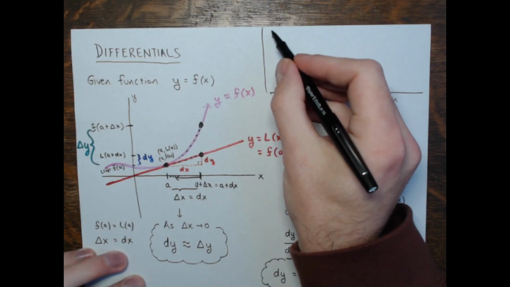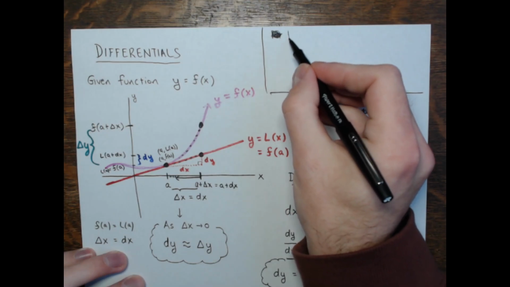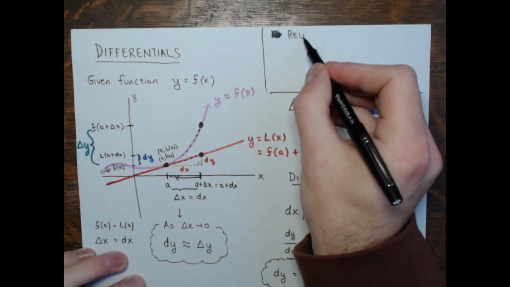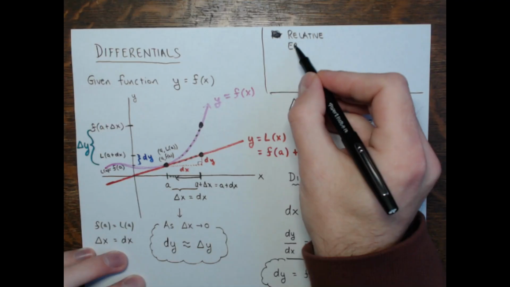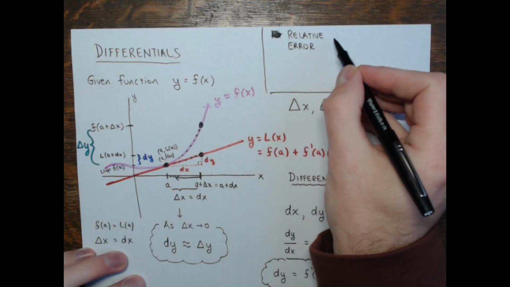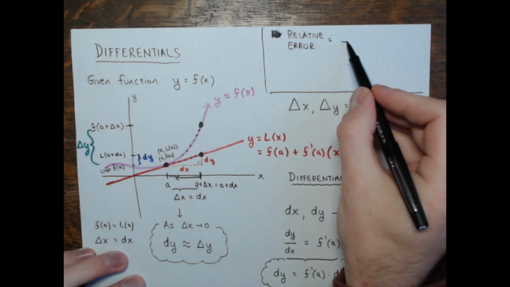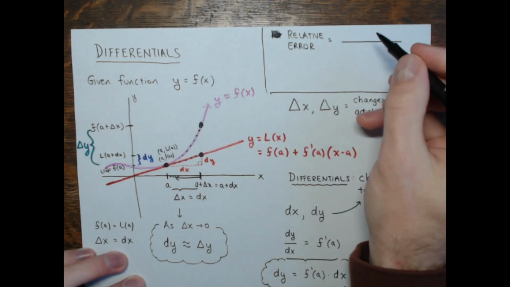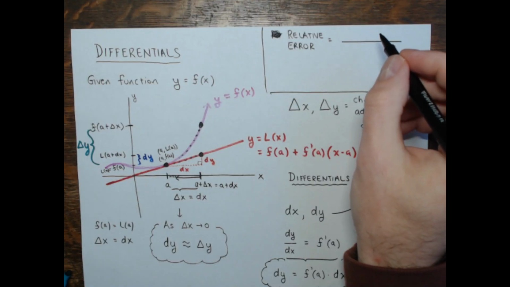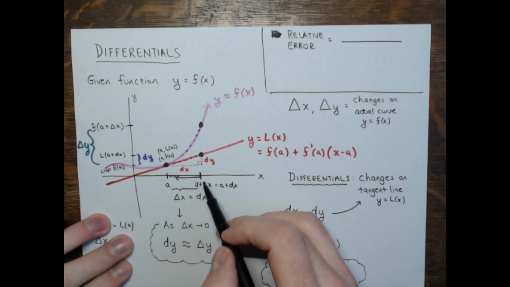So you might recall, I'll do relative error. So relative error, this is just a percent increase or a percent decrease. It's how much did a value increase or decrease when I change the inputs.